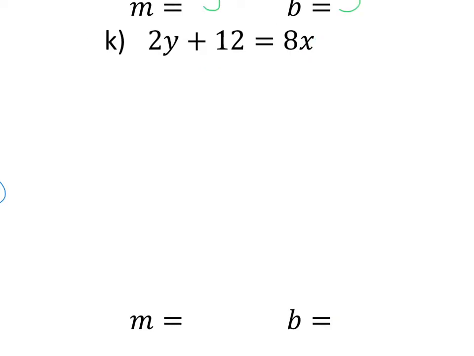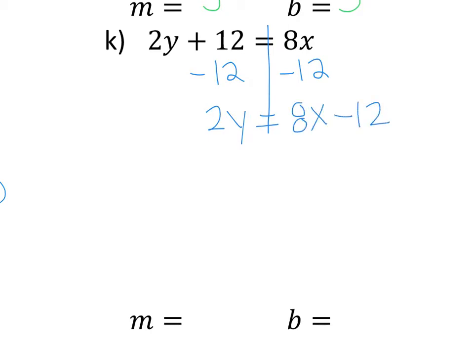Letter K, 2y plus 12 equals 8x. So we have a couple things. We've got 2 being multiplied by y and an addition of 12. So the first thing I'm going to do is subtract that 12. 2y equals, put your x term first, 8x minus 12. I have 2 times y.